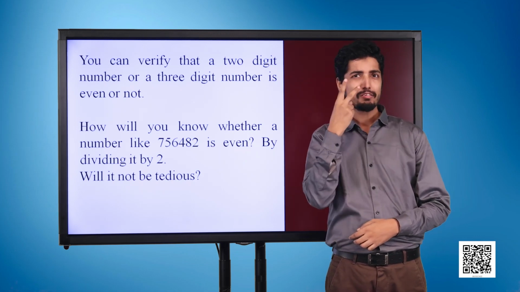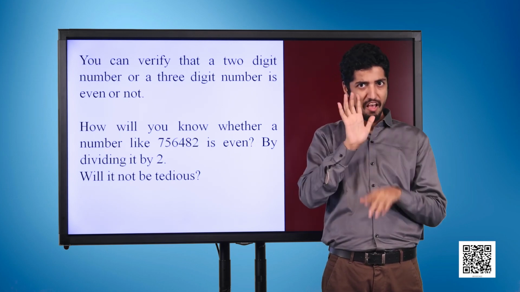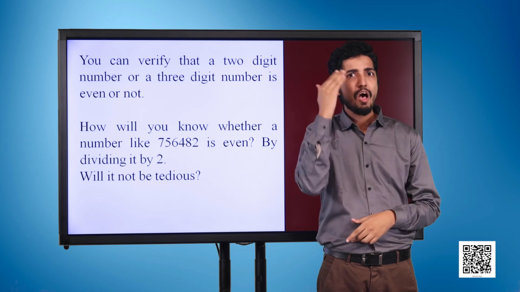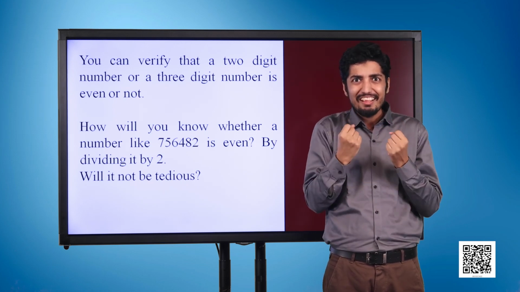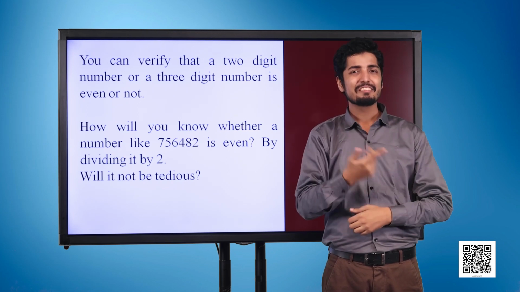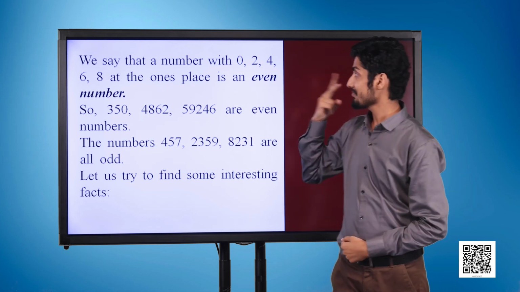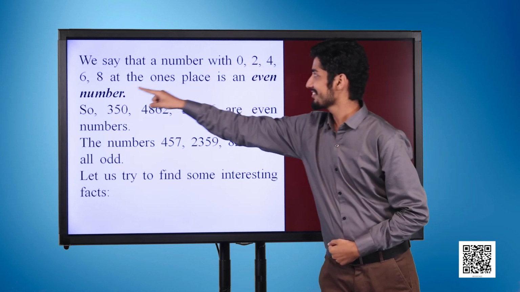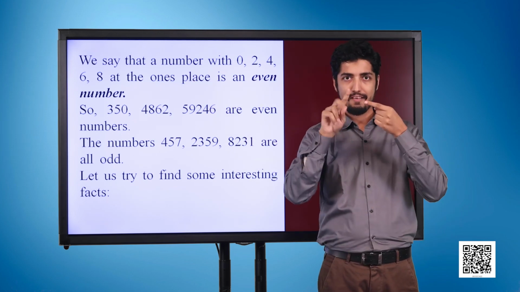By dividing it by 2. Will it not be tedious? We say that a number with 0, 2, 4, 6, 8 at the ones place is an even number.